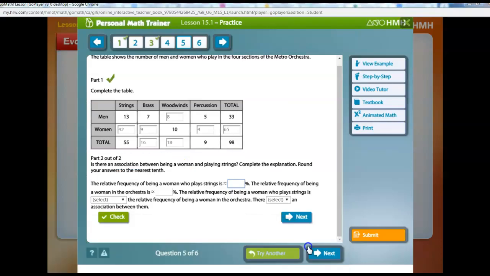Let me go back in here. Does it say to round? Oh, round to the nearest 10. So that means it's 60%.